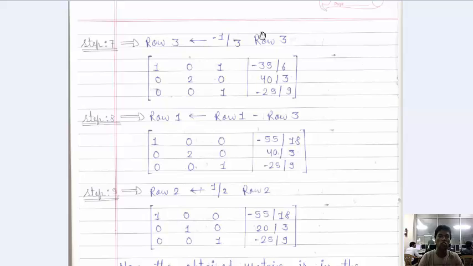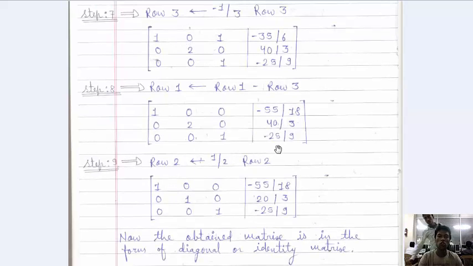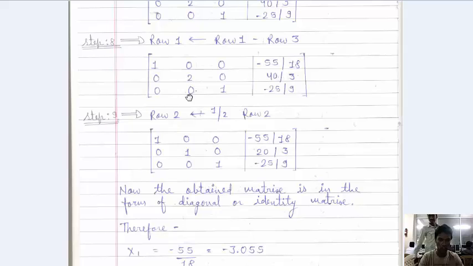Step 7: Row 3 multiplied by minus 1 by 3 into row 3. Step 8: Row 1 minus row 3. Step 9: Row 2 multiplied by 1 by 2 into row 2.